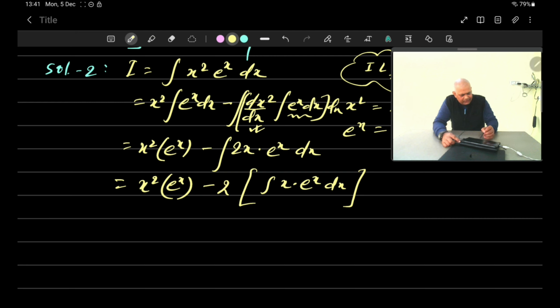So here, once again you have to consider x as your first function, and e to the power x as the second function.